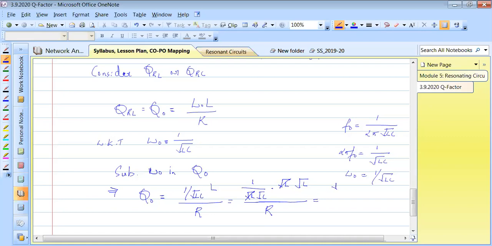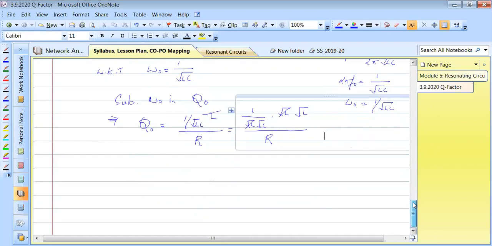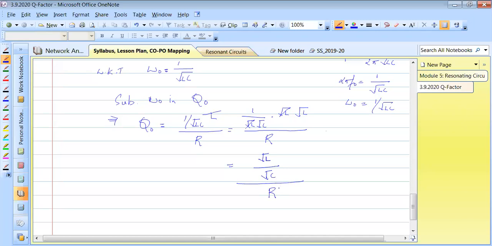You'll be left with square root of L divided by square root of C, whole divided by R. Therefore, I can write my Q naught as 1 by R times square root of L by C. This is what one should understand.